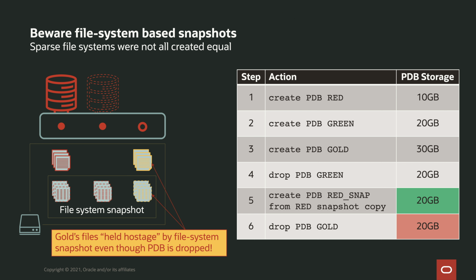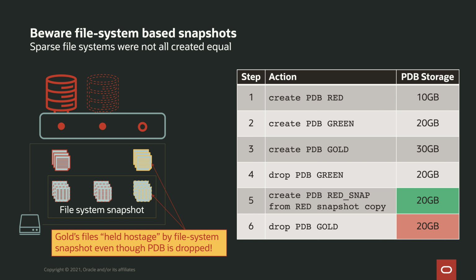But because of the file system snapshot that enabled the snapshot clone of an apparently unrelated PDB, red, that storage is held hostage and cannot be released. It turns out then that these apparently unrelated PDBs have a dependency in the file system.